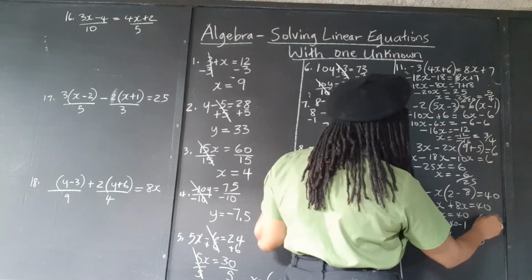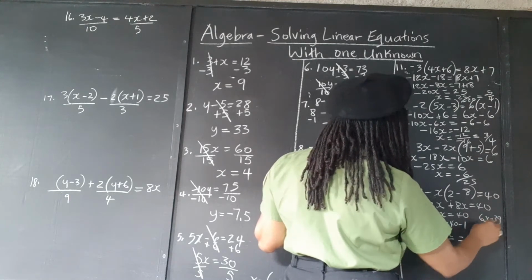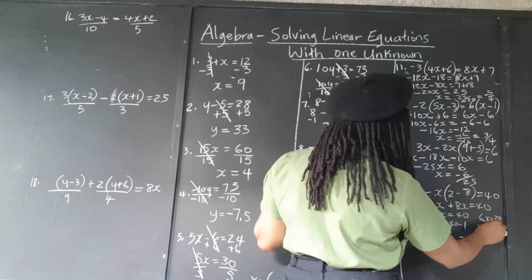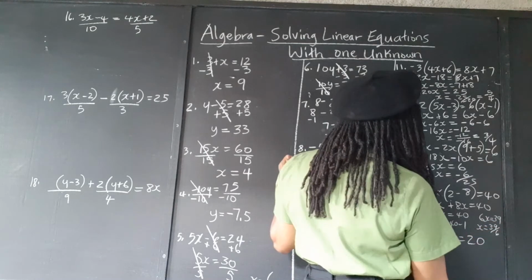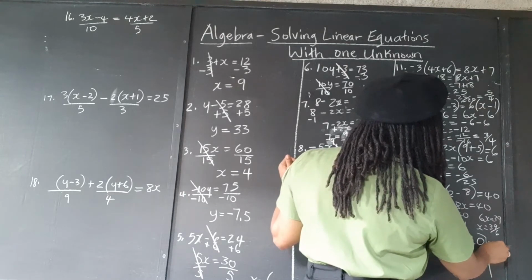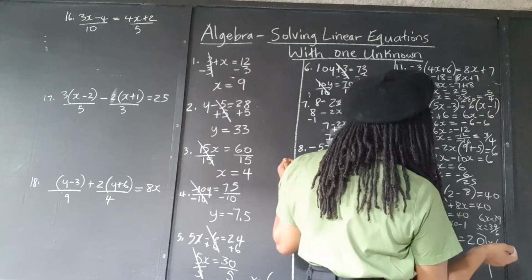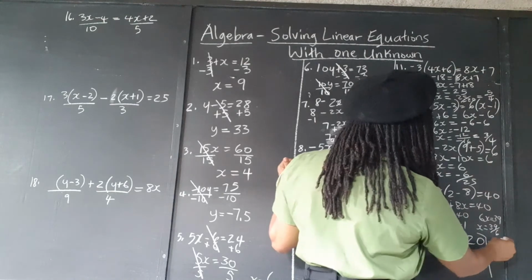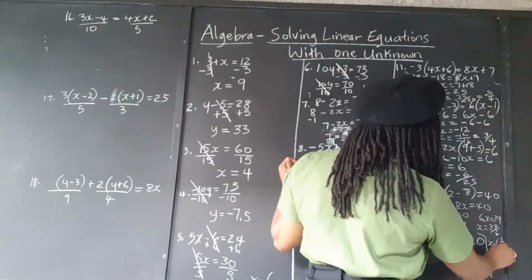So 6x is equal to 39. X is 39 over 6. And that goes 6 into 39 goes 6 times and 3 over 6, which is a half. 6 and a half.